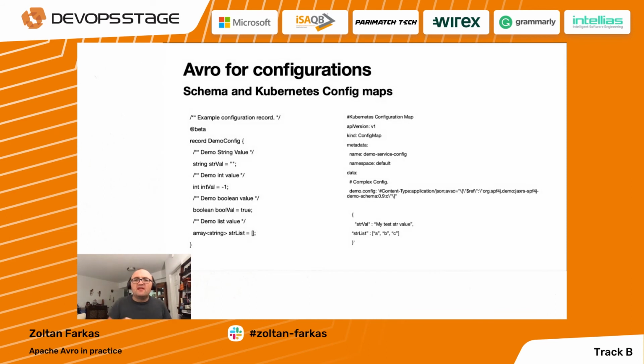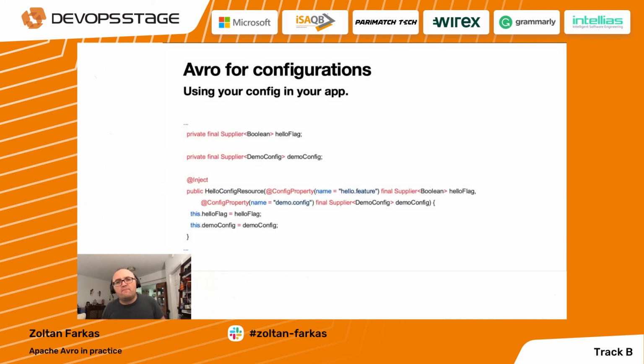Let's see on the next slide how we can use our configuration in a Java application. And as you can see on this slide, it is really simple. Your configuration will be injected by your favorite dependency injection framework. In this example, we reference the config map key with the add config property annotation.